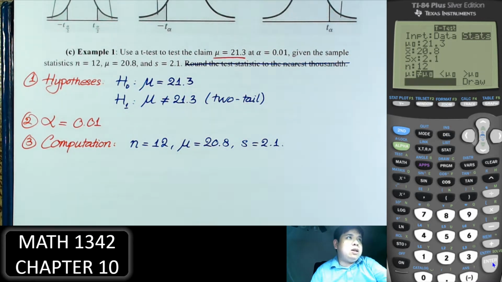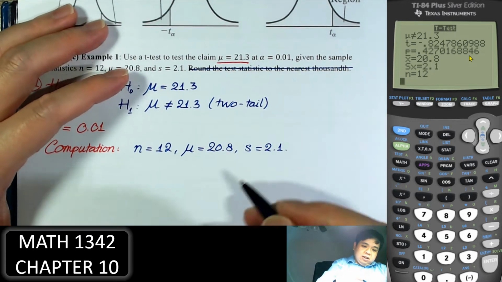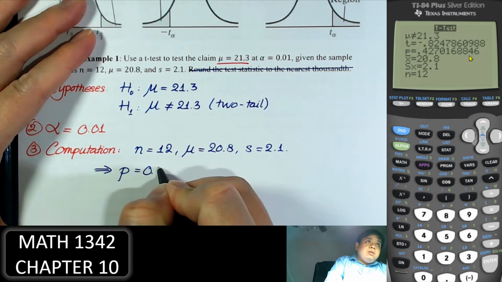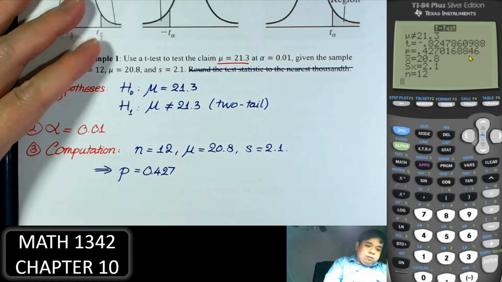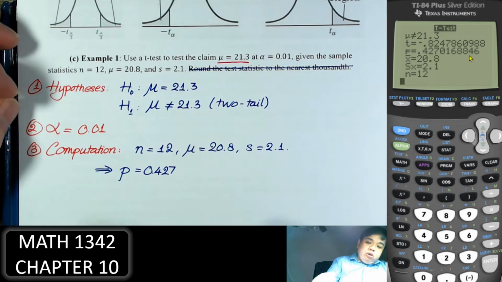Now we calculate. And of course, the test statistic, and the p-value is 0.427. The p-value is bigger than alpha, so we do not reject.